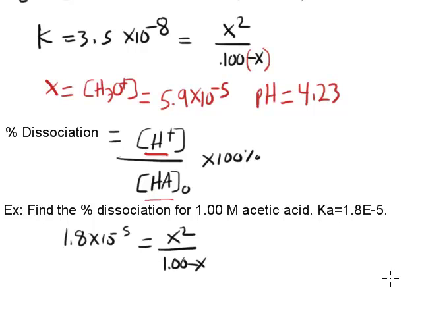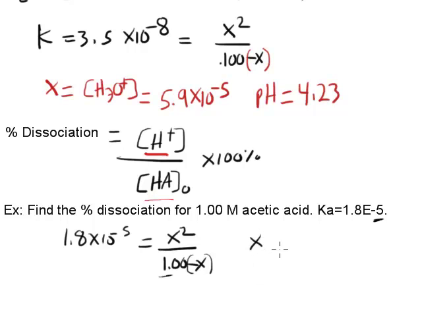And you can graph that, or because this is fairly small of a k value, you can assume that this x is small enough not to matter compared to our pretty large concentration here, and solve it that way. If you do it that way, you should probably check and make sure, is x really small compared to 1 molar? And yes, it is.